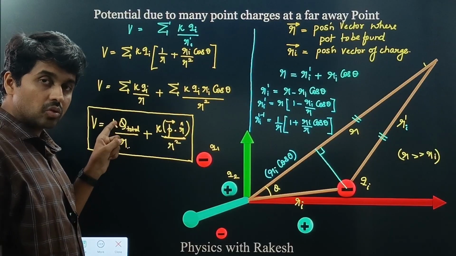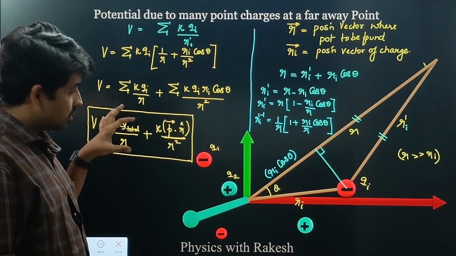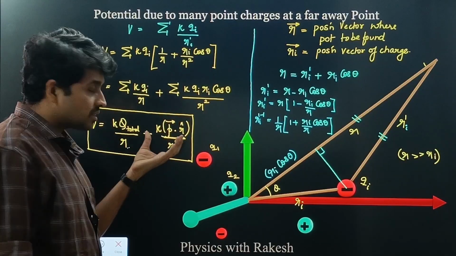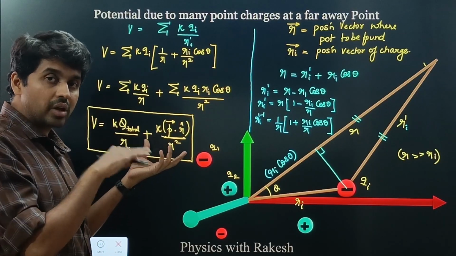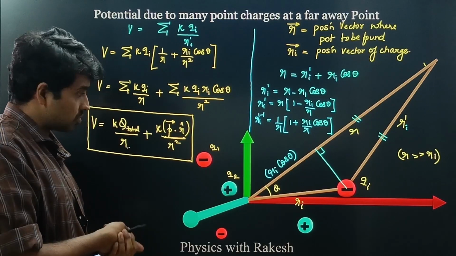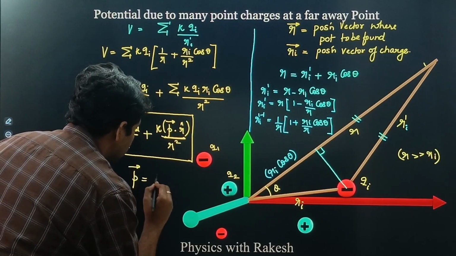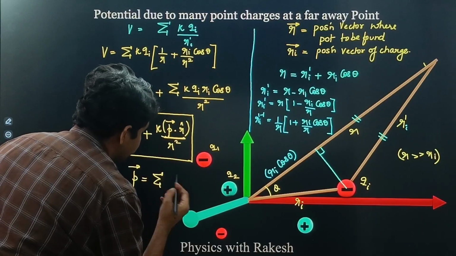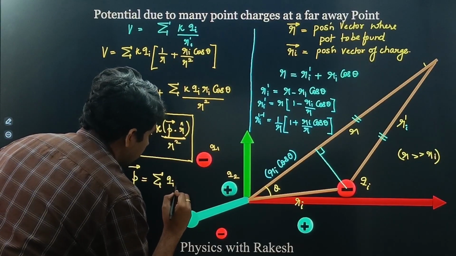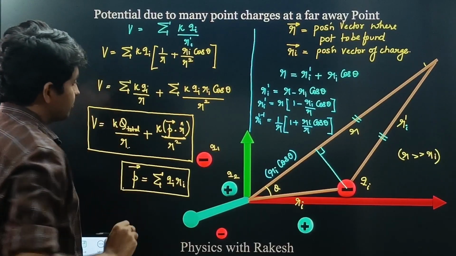In a dipole there is only equal and opposite charge, so this first term becomes 0 anyways, and the second term remains as is, that we found in potential due to dipole in the last part, k p bar dot r cap divided by r square. And what is this p bar here? P bar here is summation of qi ri.